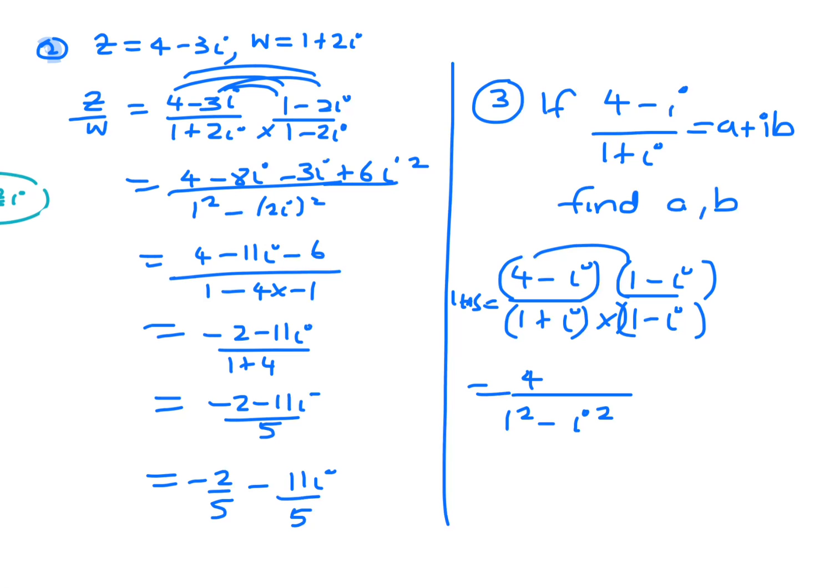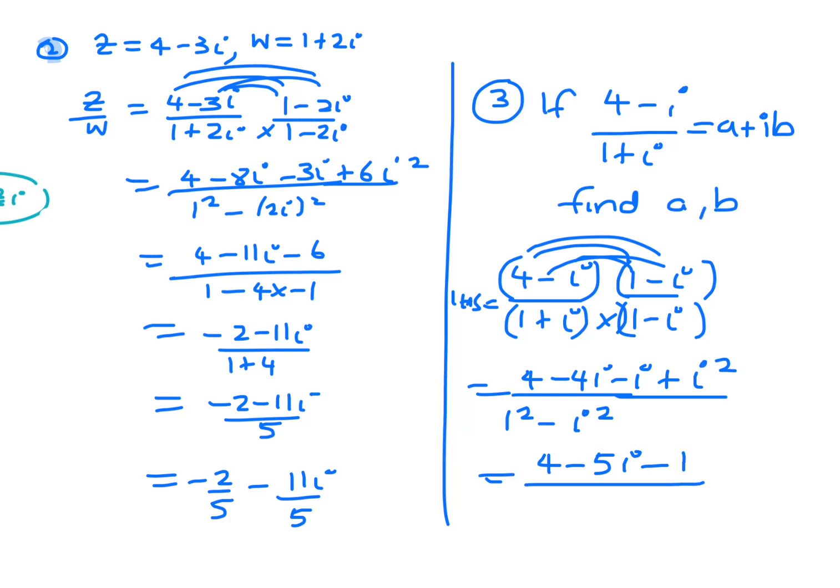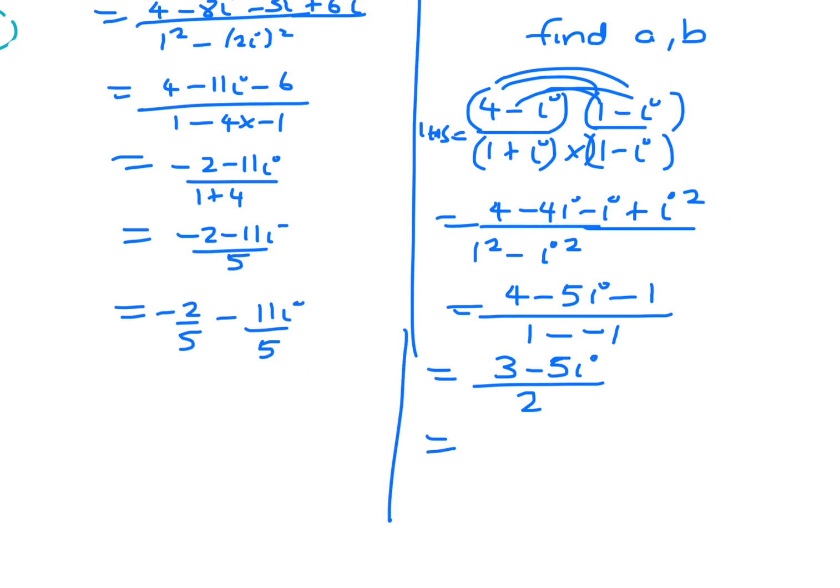The top would be 4 ones are 4, minus 4i, minus i, and a minus times a minus is a plus i squared. So you get 4 minus 5i minus 1 over 1 minus minus 1. Because if you square i, you get minus 1. 4 minus 1 is 3. 3 minus 5i. 1 plus 1 is 2. So this is 3 on 2 minus 5i on 2.